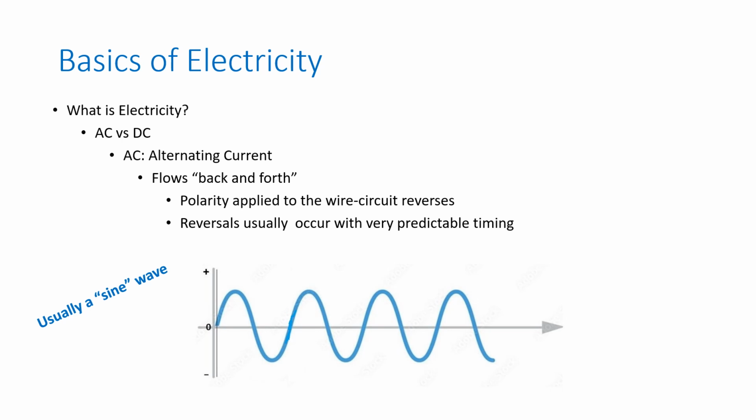Now, the reason they call it a sine wave will become a little more apparent as you study, but the sine function from trigonometry can be used in such a way that if you know where in the cycle you are and you know your voltage, the sine function tells you what the voltage will be at any other point in the cycle you want to consider.